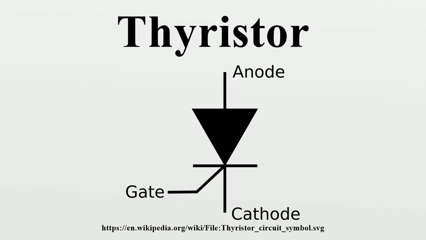Applications. Thyristors are mainly used where high currents and voltages are involved, and are often used to control alternating currents, where the change of polarity of the current causes the device to switch off automatically, referred to as zero-cross operation.